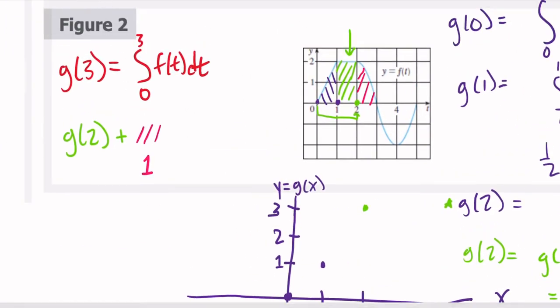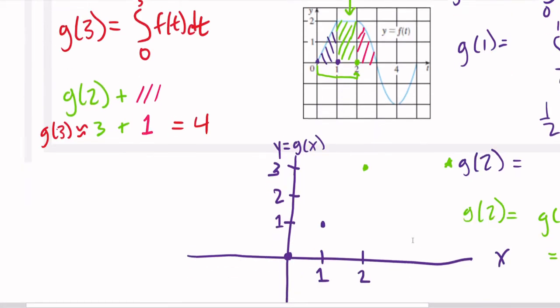So altogether, this is going to be 3. We'll say that g of 3 is approximately 4.